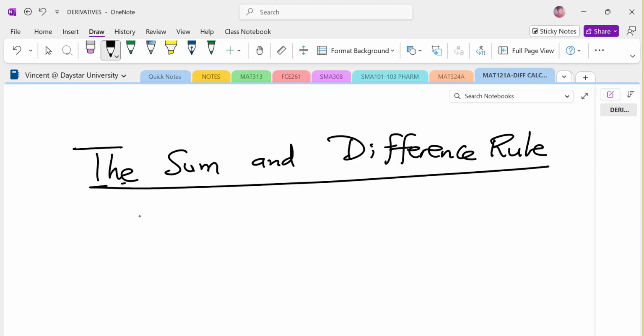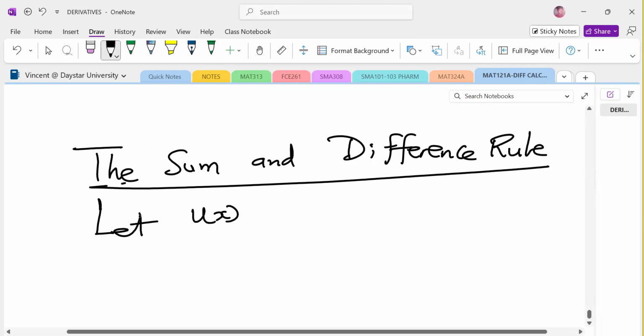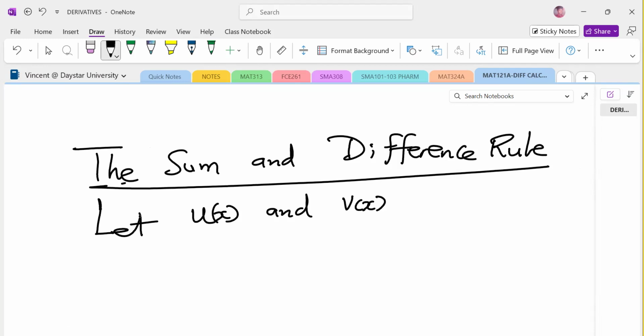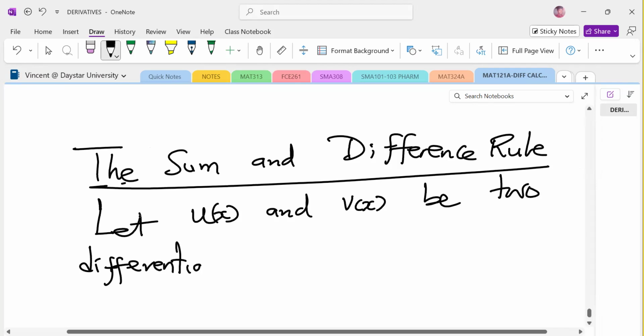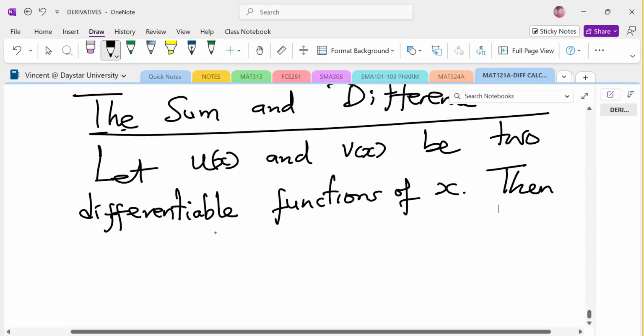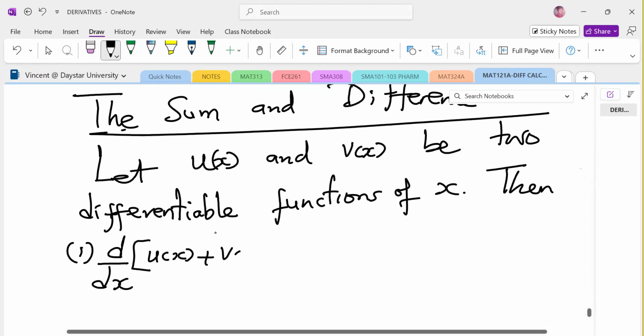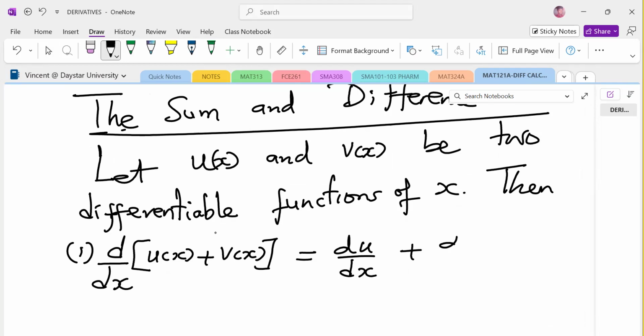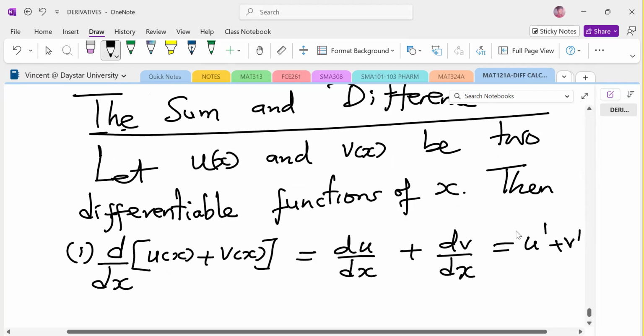This one says that if, so let u of x and v of x be two differentiable functions of x, then d dx of u of x plus v of x is the same as du dx plus dv dx, which is the same as u prime plus v prime. So that's the sum rule.